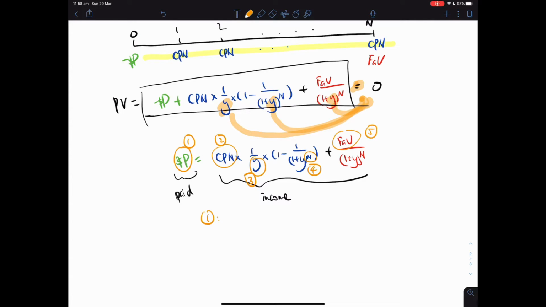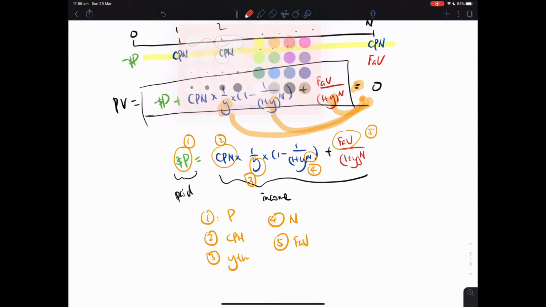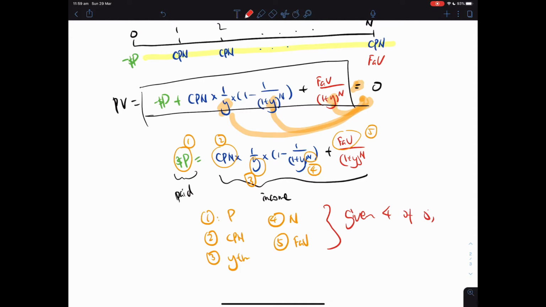The 1st variable is price, the 2nd is coupon payment, the 3rd is yield to maturity, the 4th is the number of payments left, the term, and the 5th variable is face value. Most likely in the scenario you're going to come across, you will be given 4 of the 5 and asked to solve for the 5th.